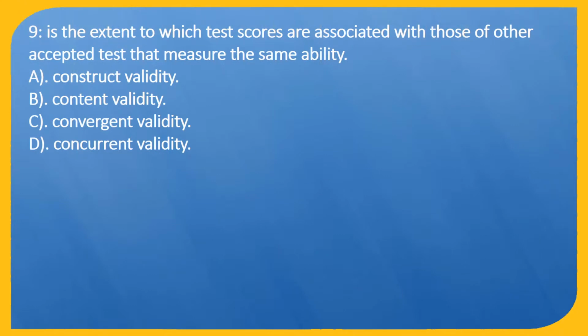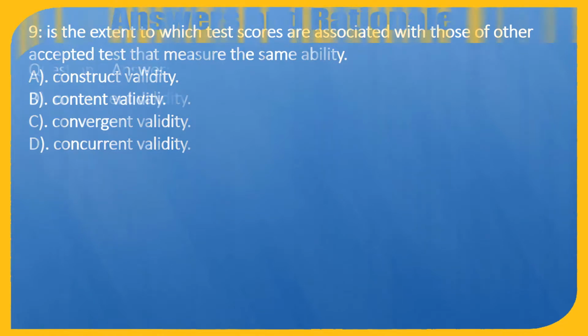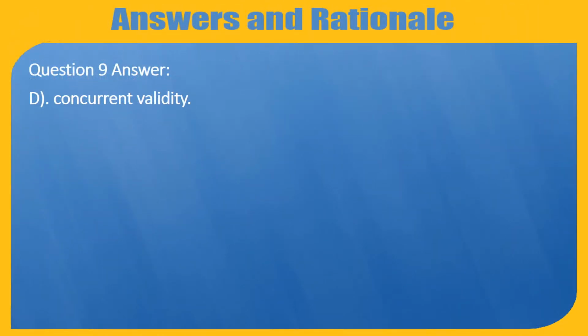Question 9: Is the extent to which test scores are associated with those of other accepted tests that measure the same ability. A. Construct validity. B. Content validity. C. Convergent validity. D. Concurrent validity. Question 9 answer, D. Concurrent validity.